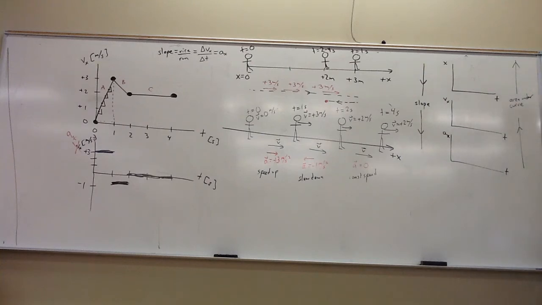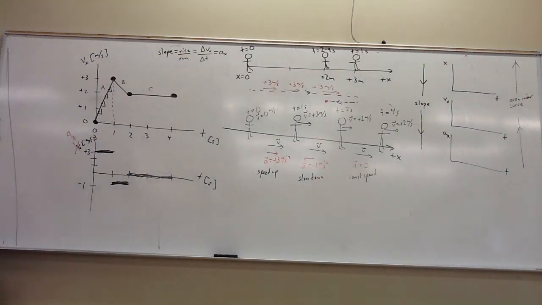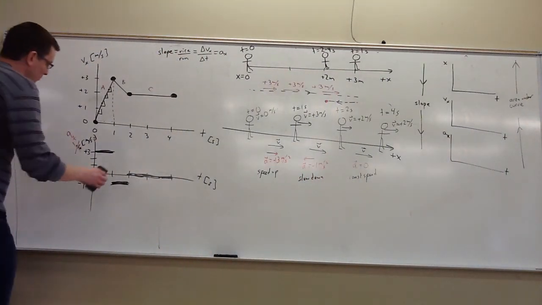Now, our final order of business. I've taken the slope again, gotten this, but now I want to show you the process of area under the curve. So let me clear some space.